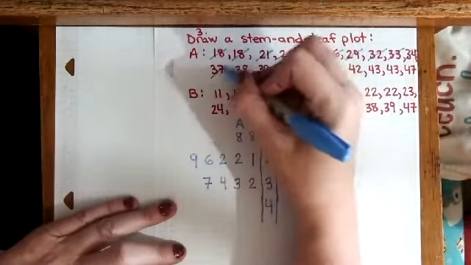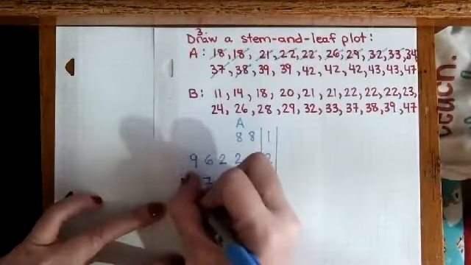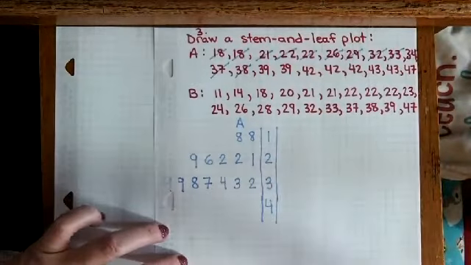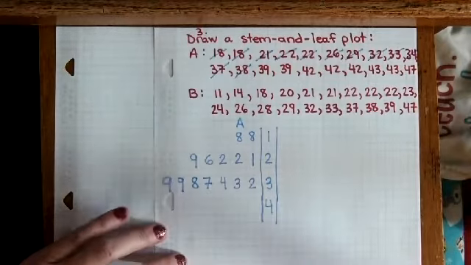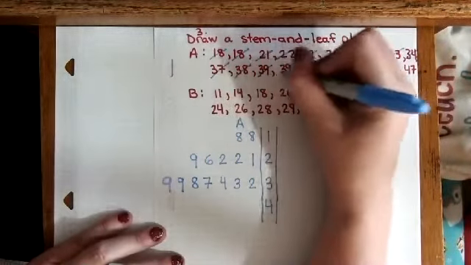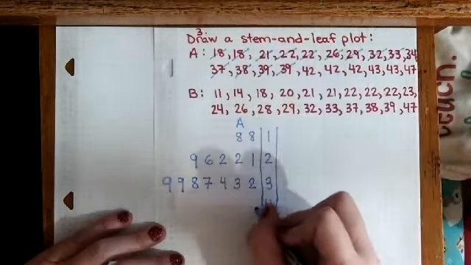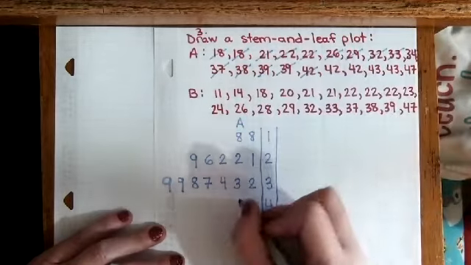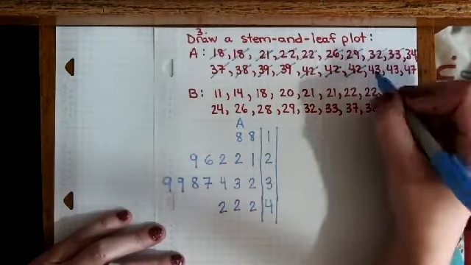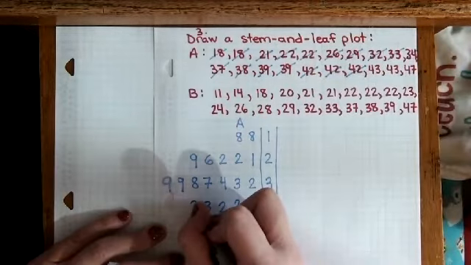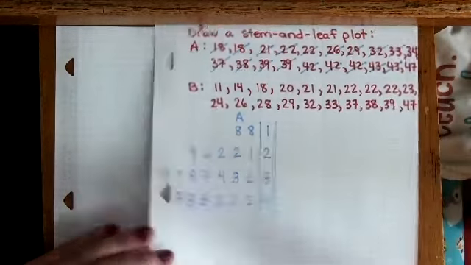So 37, 38, and then two 39s. I don't think it shows up, but there's a 9 there on the crease. And then we can put our 40s into place. So we have 42, 42, 42, two 43s, and a 47.